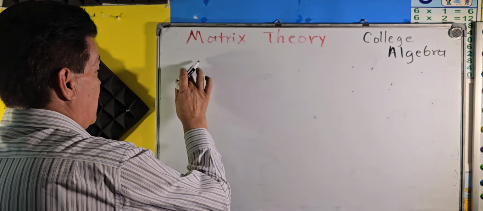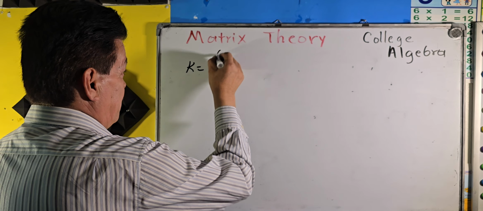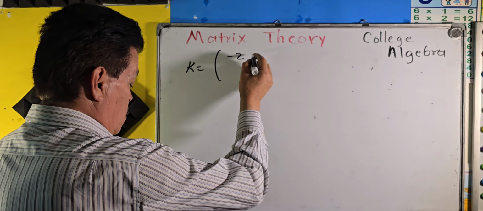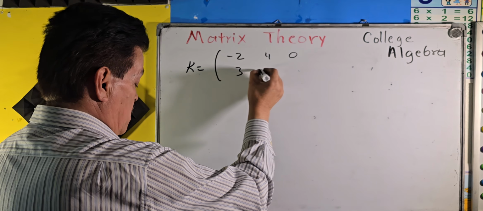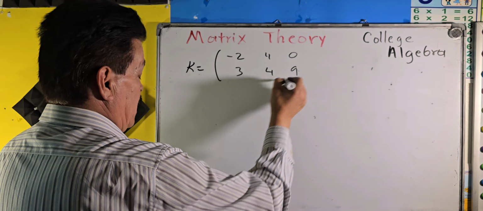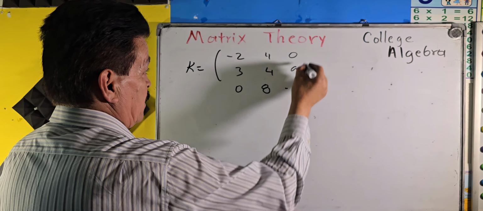So we have K equals negative 2, 4, 0, and then 3, 4, 9, then 0, 8, and negative 6.